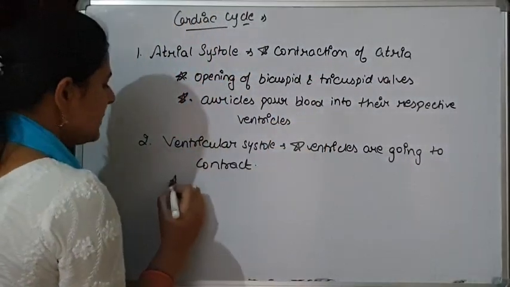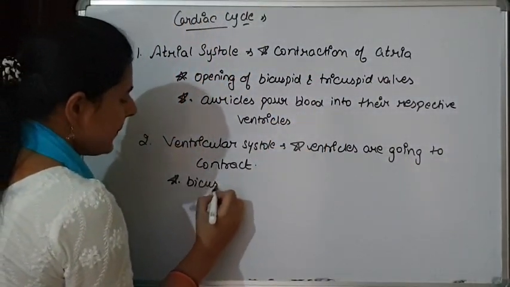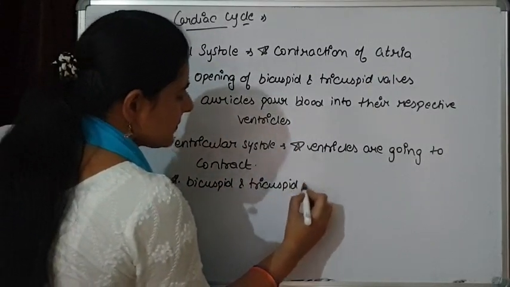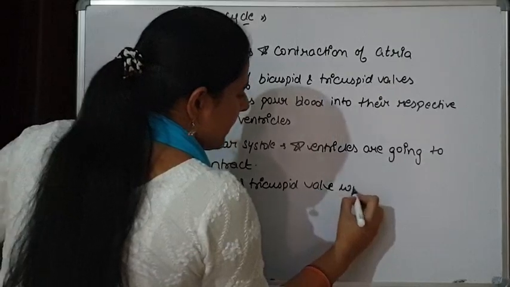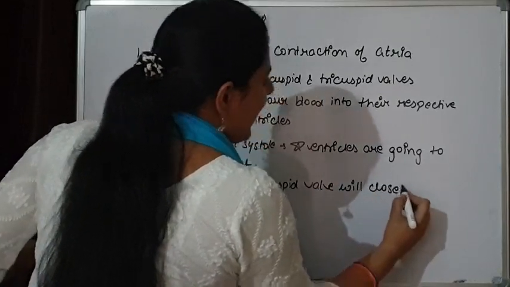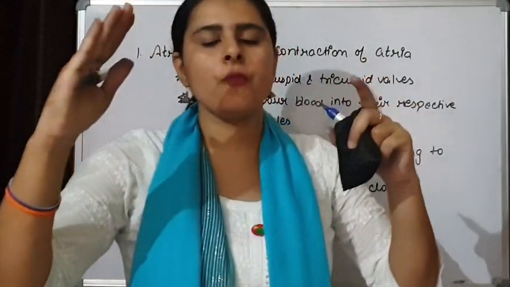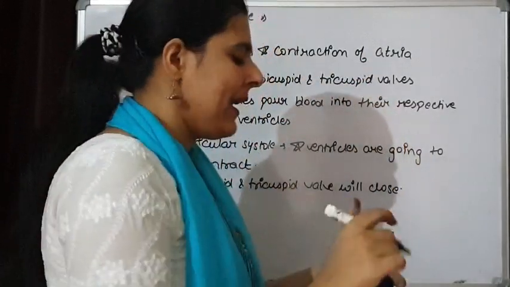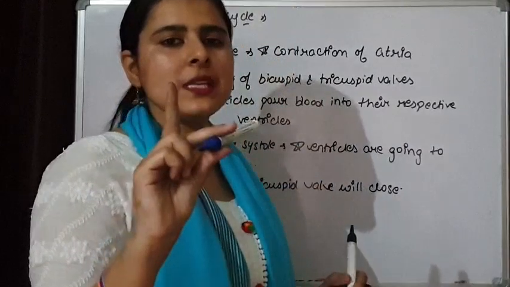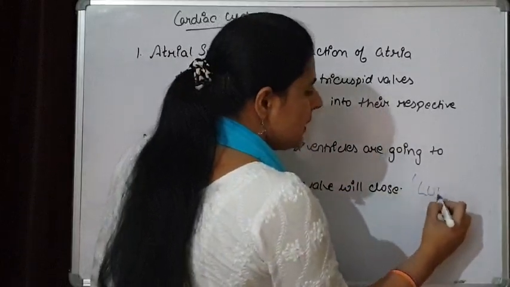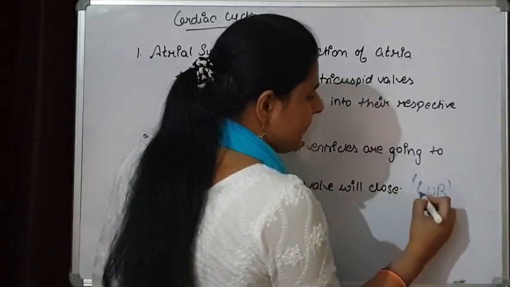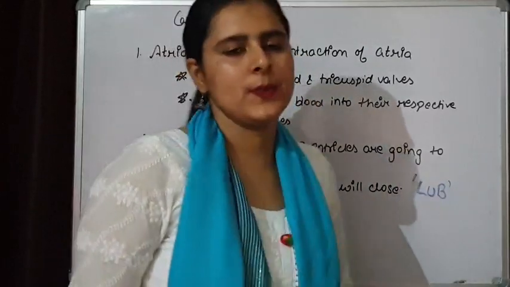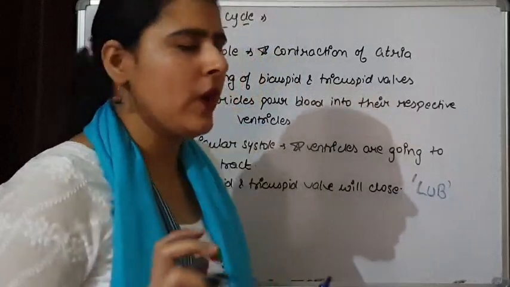So another thing is that the bicuspid and tricuspid valves close. Because of this closing, a sound is produced, and we call it the first sound of the heart, that is lub.